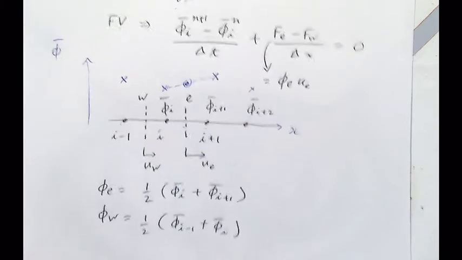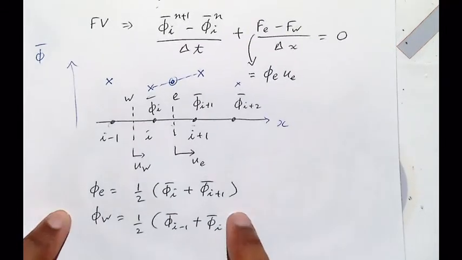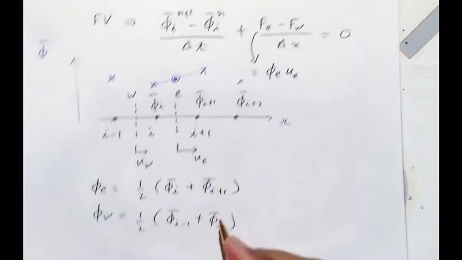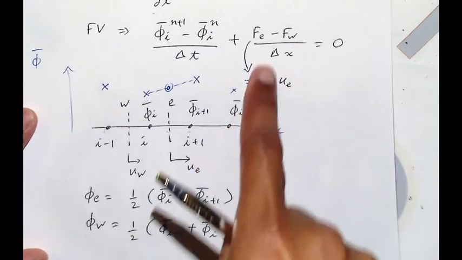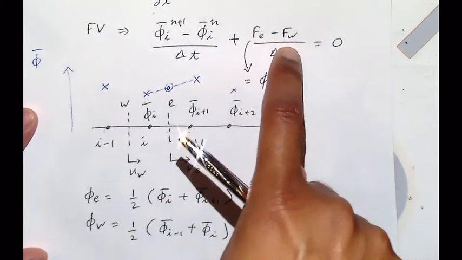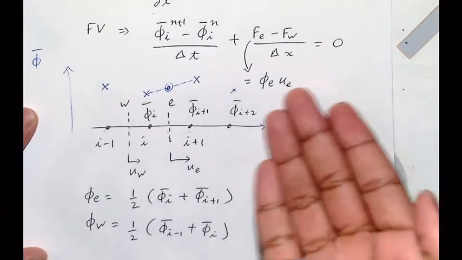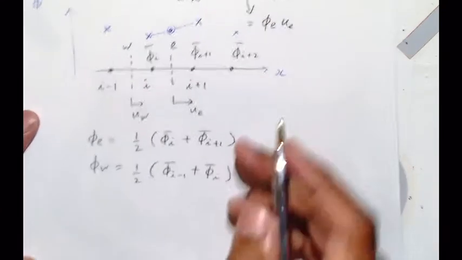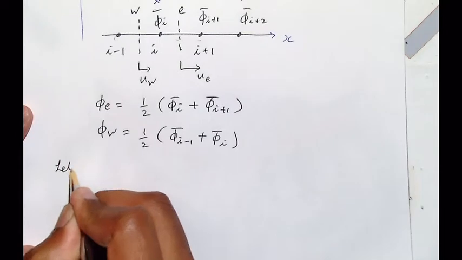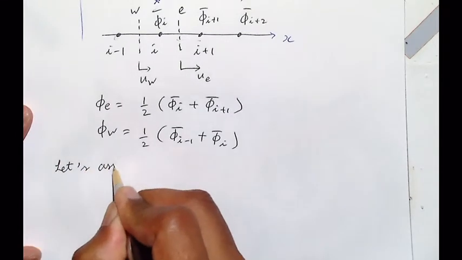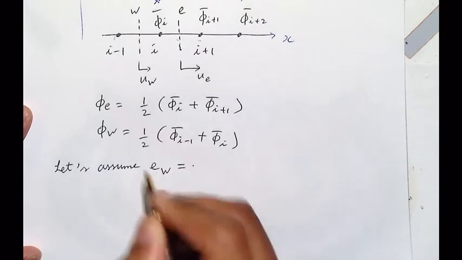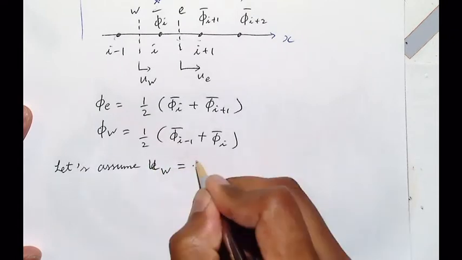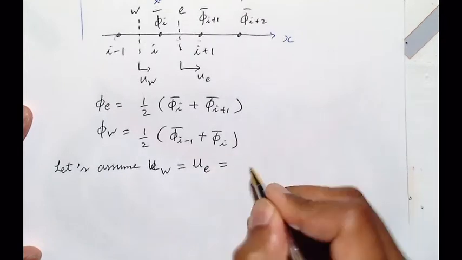Okay, so what happens when we plug this in here? Let's see. I'm just going to take φ_e, φ_w, and plug this into the F_e, F_w. Okay. And we'll assume that u is constant for the time. Let's assume u_w is equal to u_e is equal to some constant value.